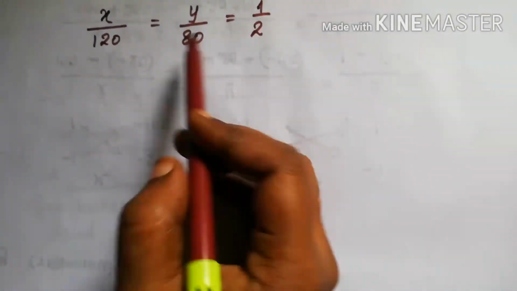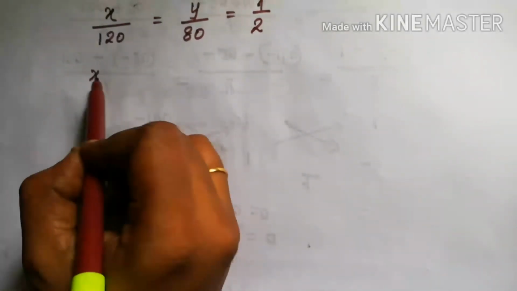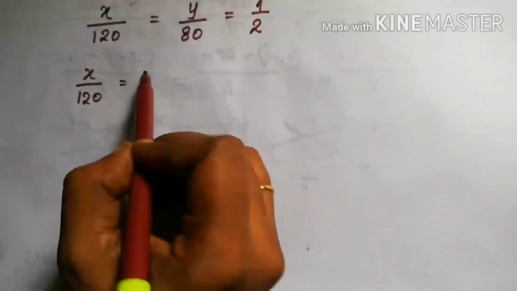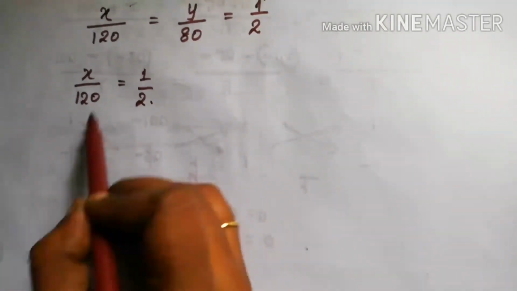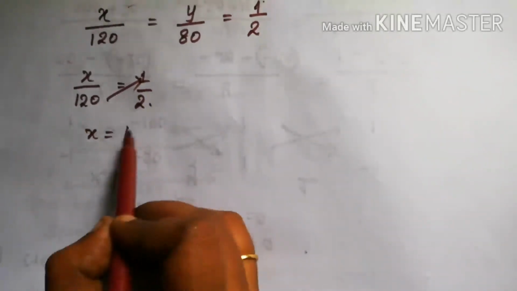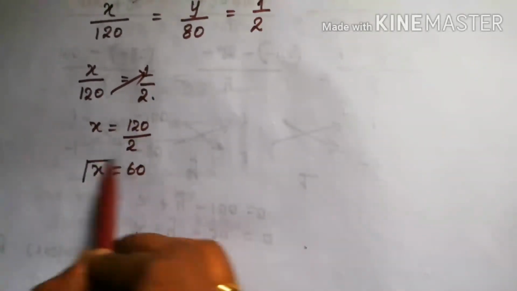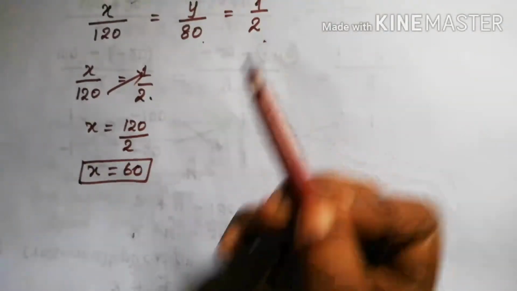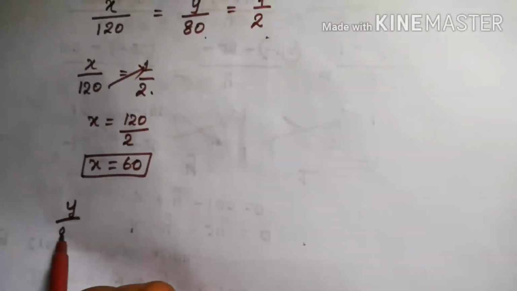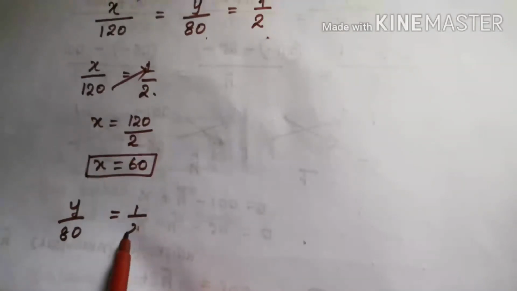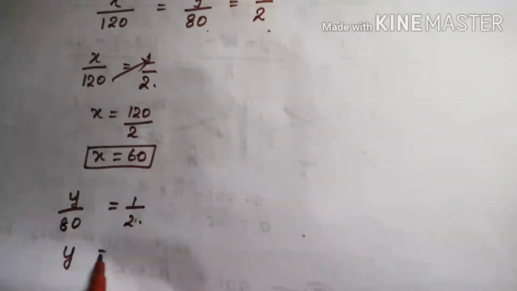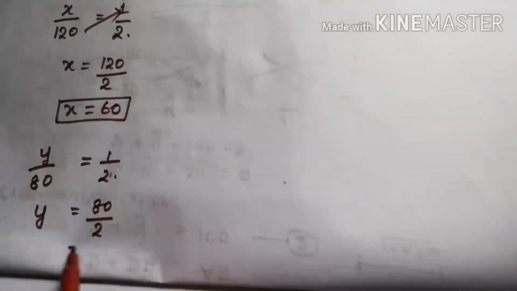Now I am going to take the first and third one and equate. So x by 120 is equal to 1 by 2. If I simplify, I get 120 by 2, that is equal to 60. Next I am going to equate the second and third one. y by 80 is equal to 1 by 2. y is equal to 80 by 2, that is 40.